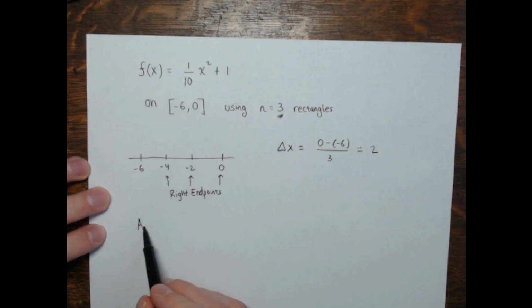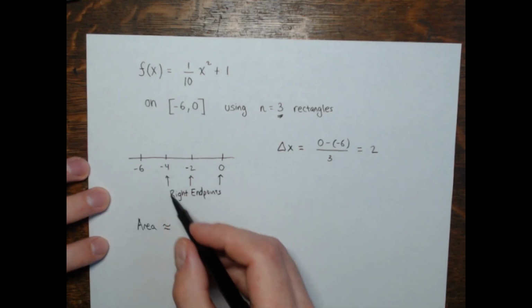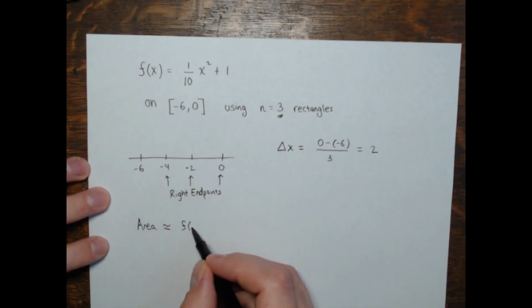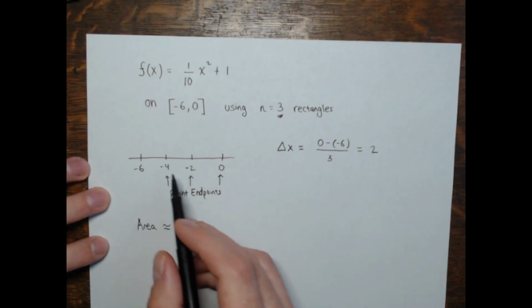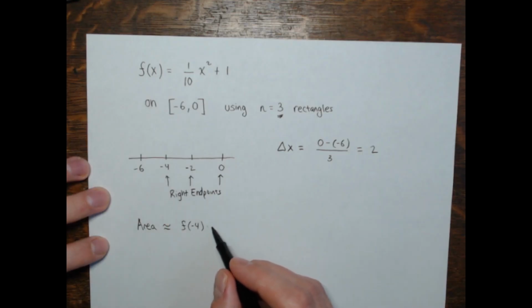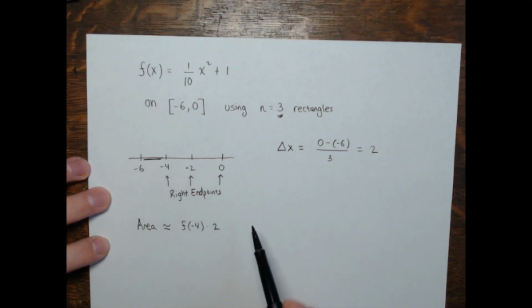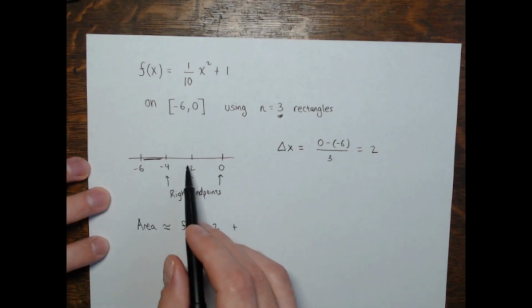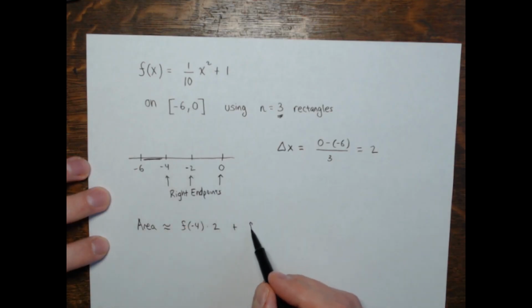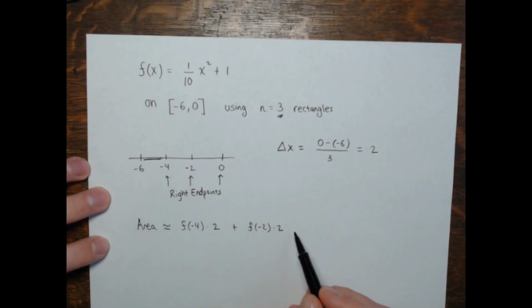So the area under the curve is going to be approximately the value of f at the first right endpoint, at -4, times 2. Again, the width is 2 for each of these. Plus the next piece, I'd plug in the right endpoint, -2, again times 2.